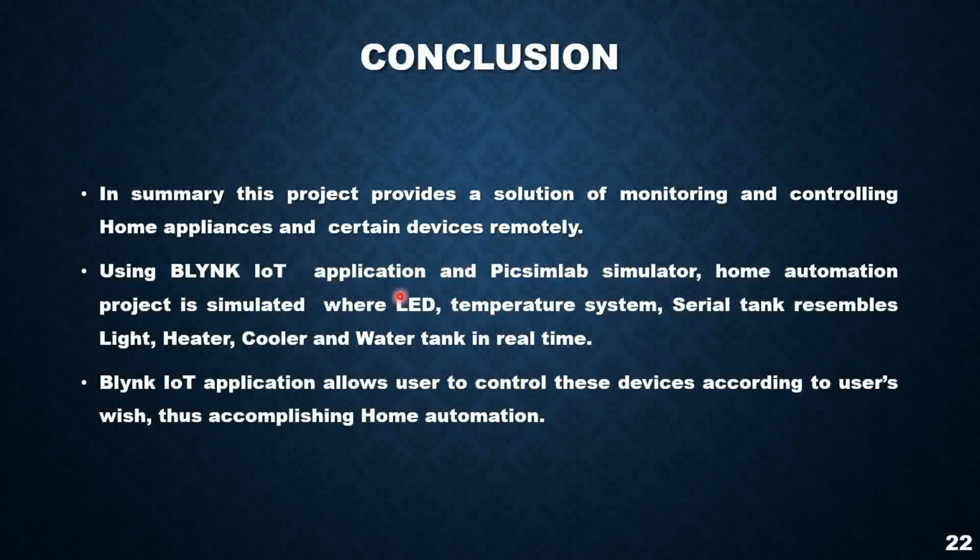Using Blink IoT application and Proteus Lab simulator, home automation project is simulated where LED, temperature system, and serial tank resembles the garden lights, heater and cooler present in home, and water tank in real time. So Blink IoT application allows the user to control these devices according to their wish from anywhere in the world using Internet of Things. Thus, we have accomplished home automation.